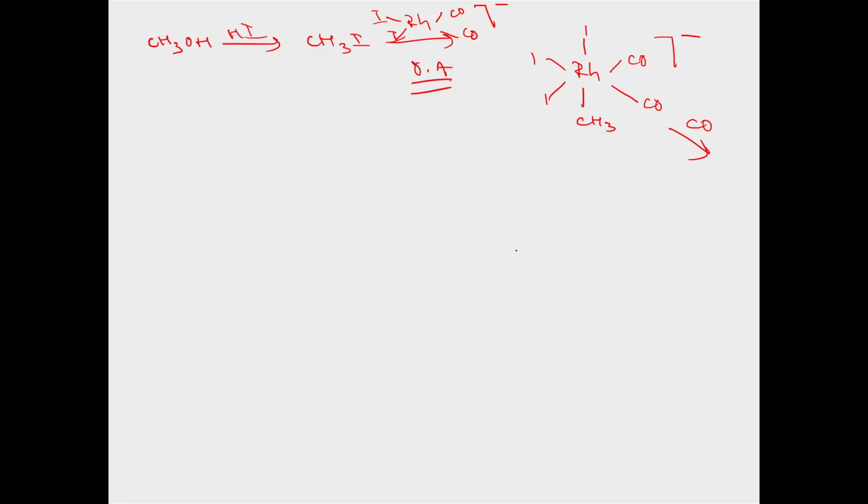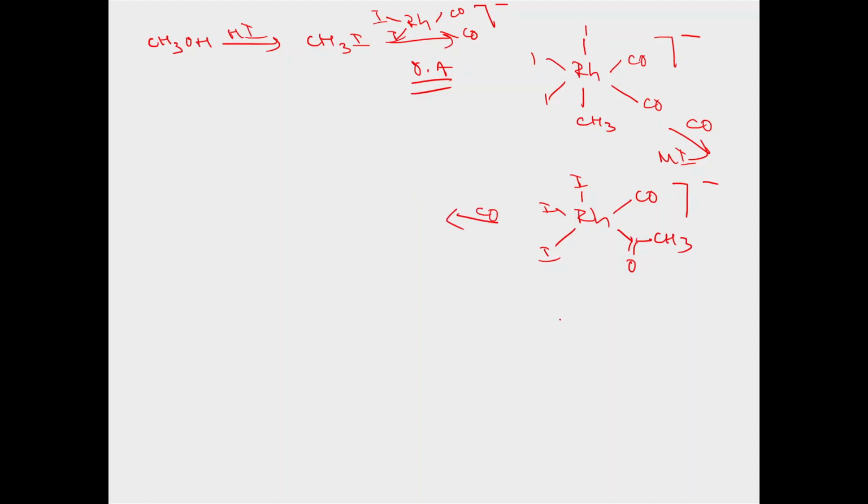So what happened initially? Migratory insertion took place, as a carbonyl ligand is present, and the CH3 ligand can insert into the carbonyl ligand, and we will get COCH3. So in the first step this is taking place. This will also have an overall charge of minus, and then this CO ligand.